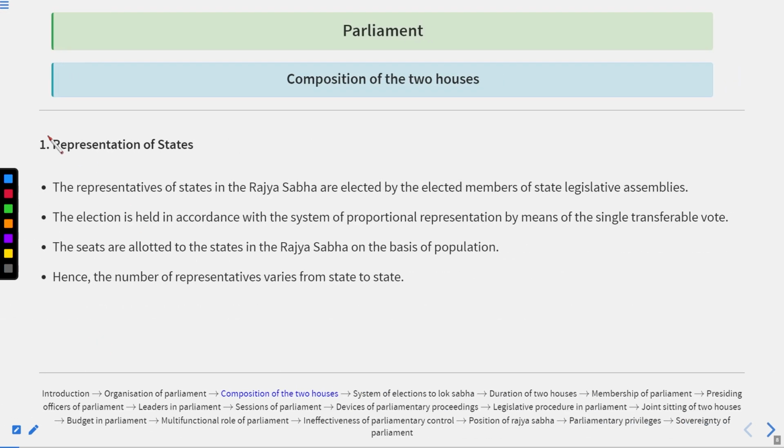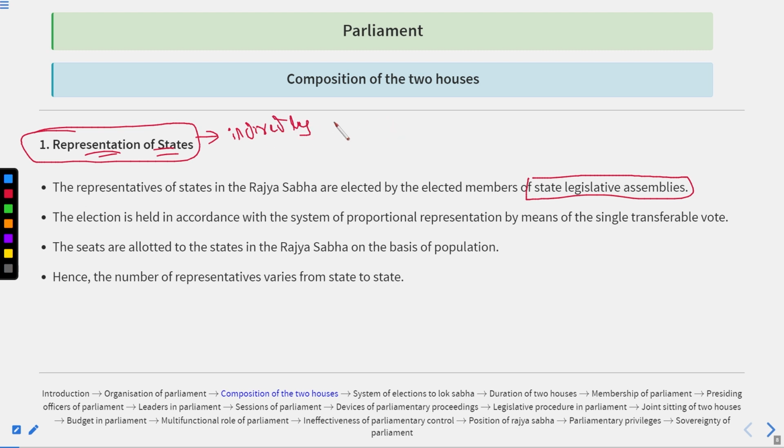Now let's move forward. Here we have to see the representation of the states. The representatives of states in the Rajya Sabha are elected by the members of state legislative assemblies, as we discussed already. The election in Rajya Sabha is indirectly organized, which means that normal citizens like me and you cannot participate in it.